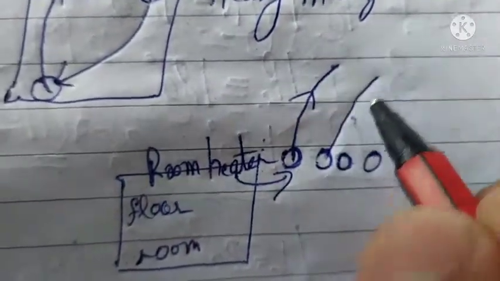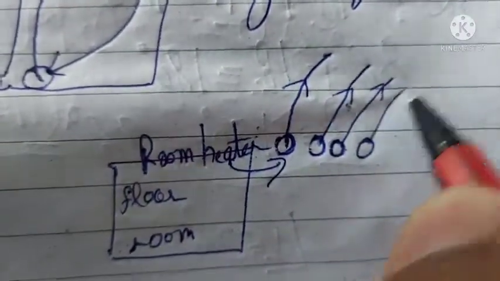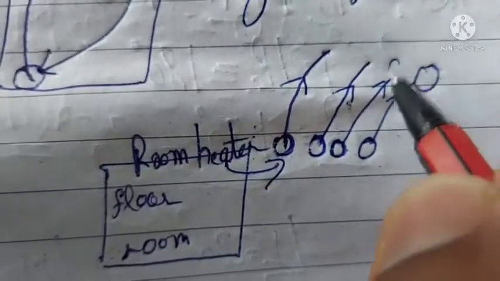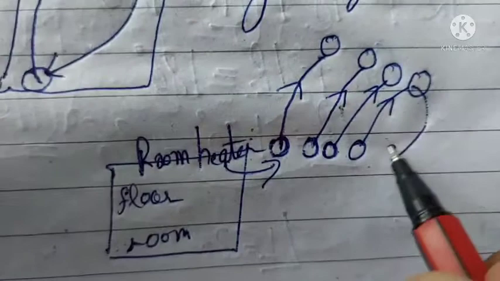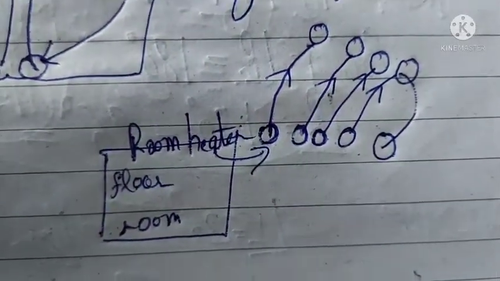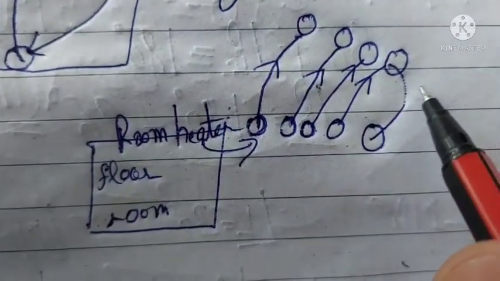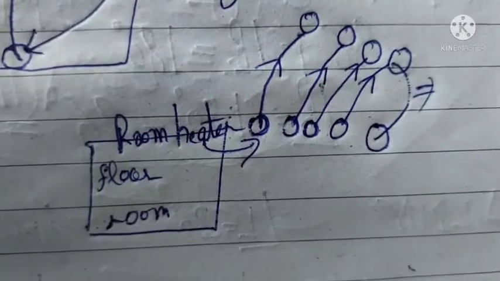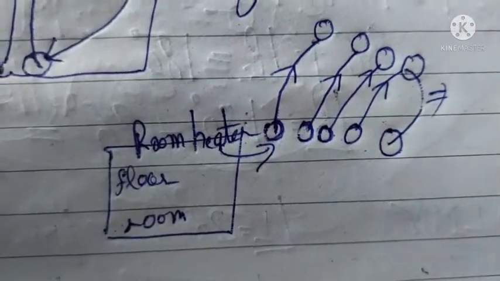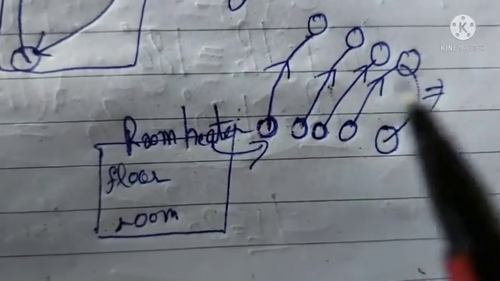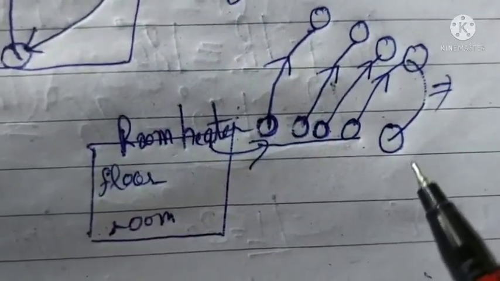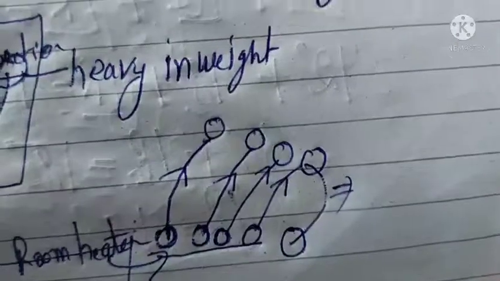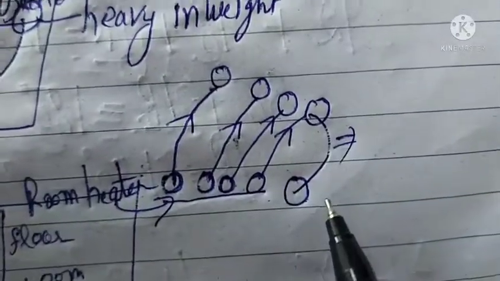They will rise upward. They will lose energy when they reach the height, and they will again return as fresh molecules. As a result, the whole room will get heated up. So this is the working principle of a room heater.